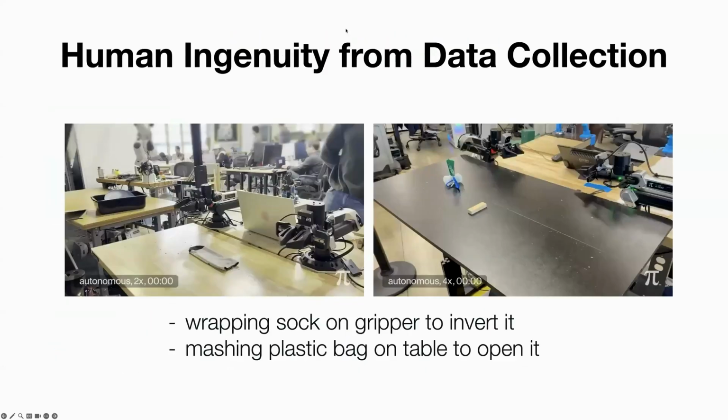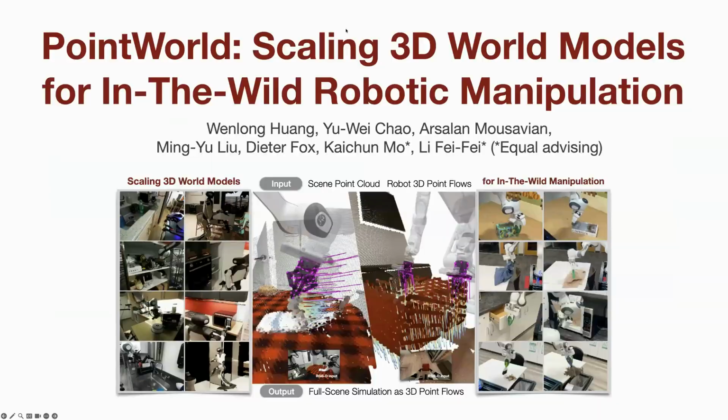Okay, so with all the motivation, I know it's super long, we can get into the work I'll mostly be presenting today. This is PointWorld: scaling 3D world models for in-the-wild robotic manipulation.